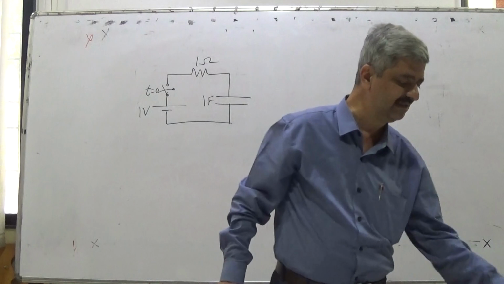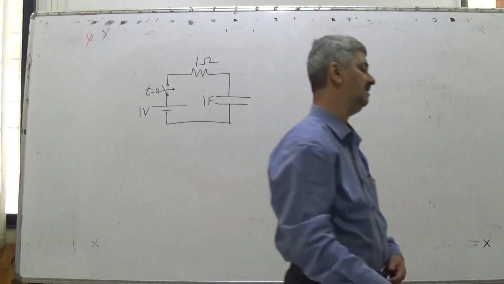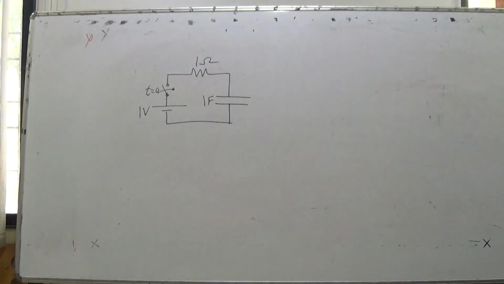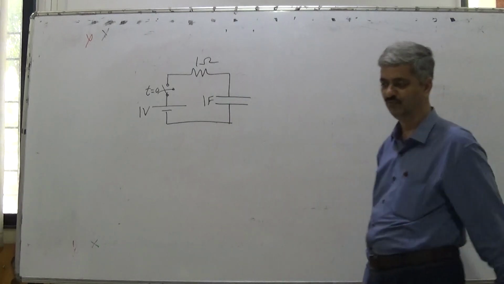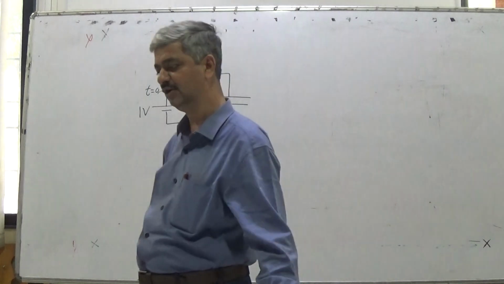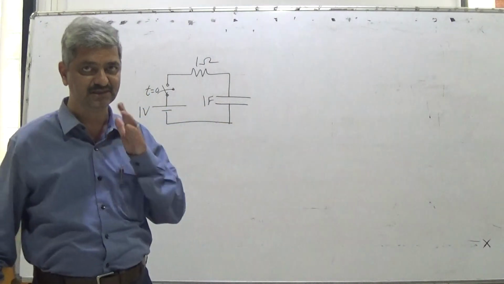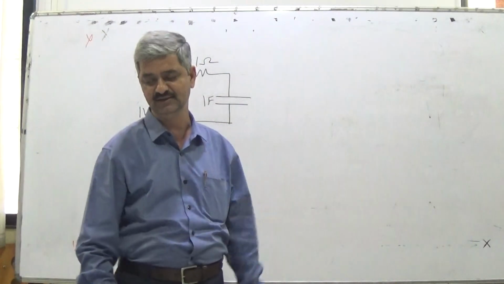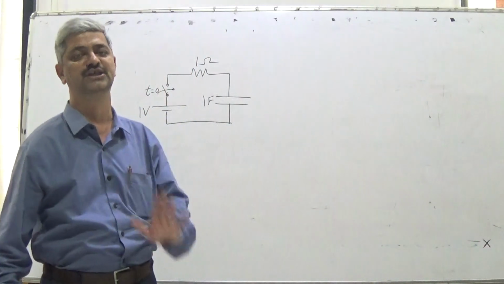We are using same circuit, same resistance, same capacitor, same voltage source, same construction, same switch, except the fact that the value of voltage across the capacitor when we start the system is different and not 0.